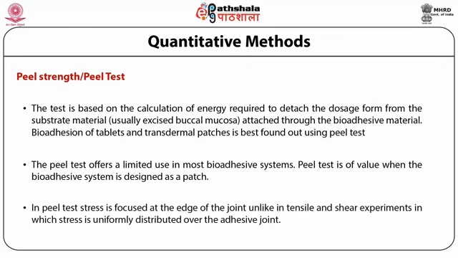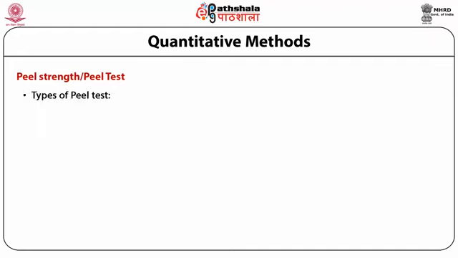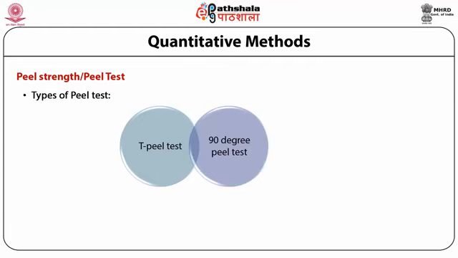In the peel test, stress is focused at the edge of the joint, unlike in tensile and shear experiments in which stress is uniformly distributed over the adhesive joint. There are different types of peel test. They are designated as the T-peel test, the 90-degree peel test, and the 180-degree peel test.